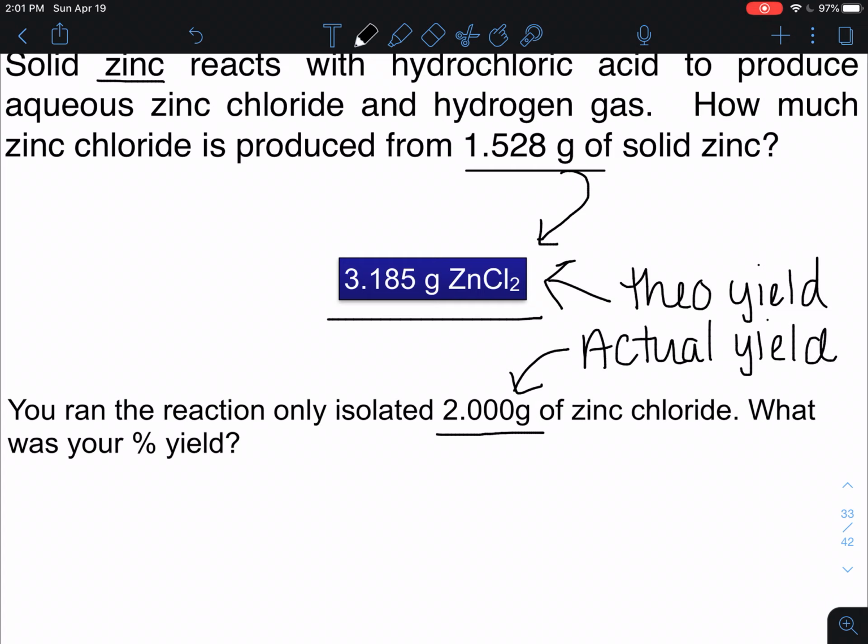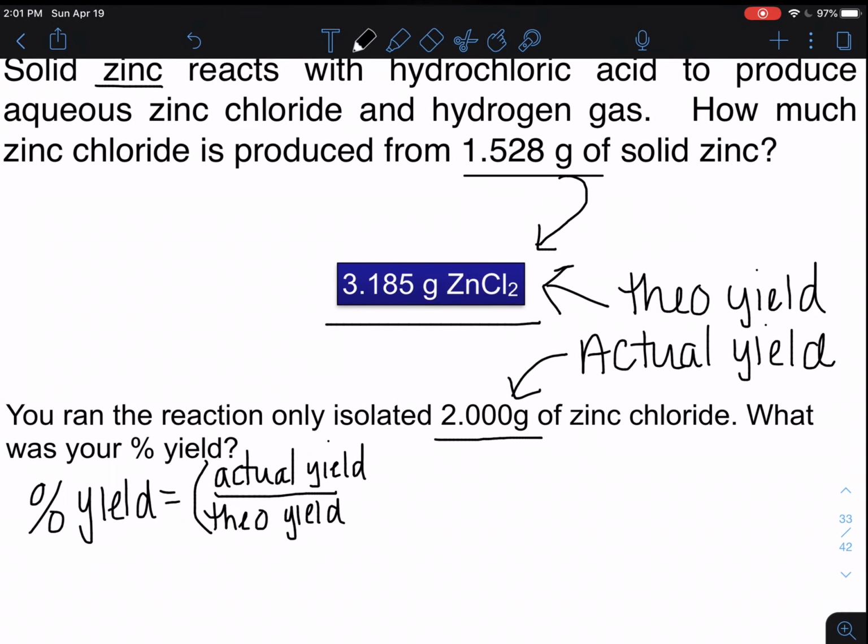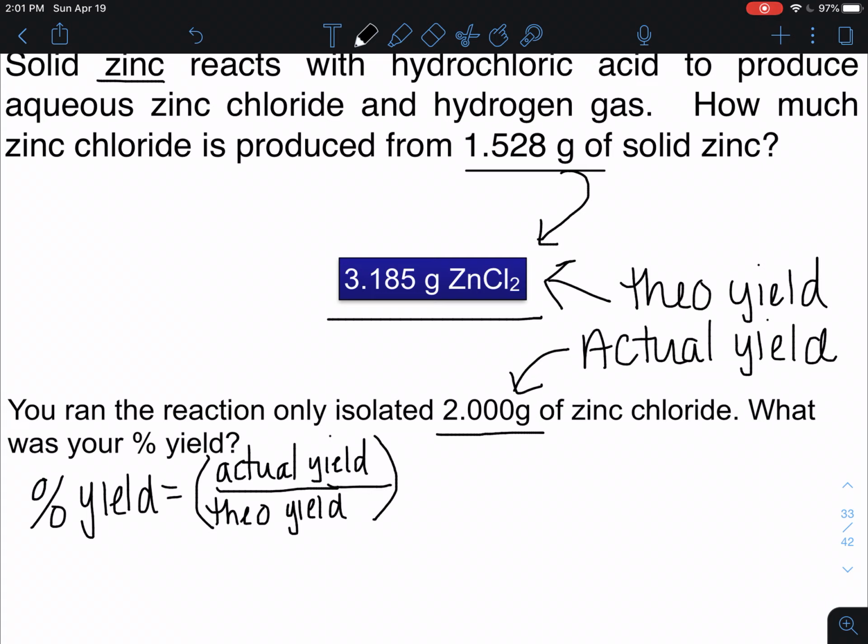Okay, so if you need to calculate percent yield, you're going to take percent yield is equal to the ratio of actual yield over theoretical yield multiplied by 100.